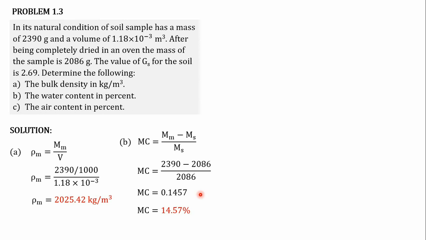And then C, determine the air content in percent. Meaning, air content in percent, meaning air content is what is the percent of air to its total volume, which is equivalent to volume of air divided by the total volume.